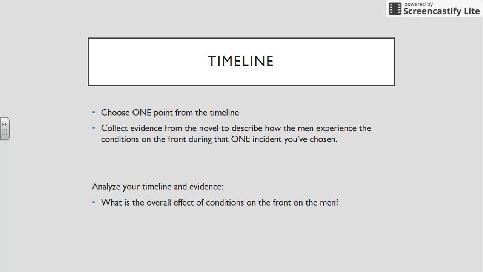So I want you to write about a 2 to 3 sentence minimum explanation of the overall effect of being on the front on these men. And you can think emotionally, psychologically, physically.